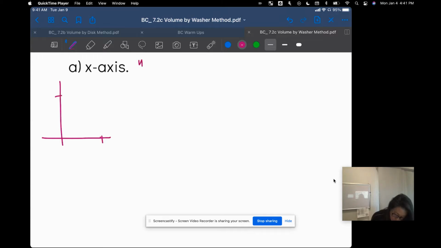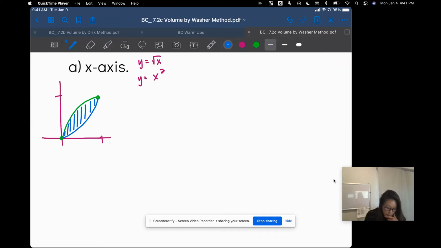I know square root of x starts at 0 and goes up to 1, 1, and it's arced like this. And then x squared is the same, but it's arced concave up. The area between these is what we're going to be rotating.